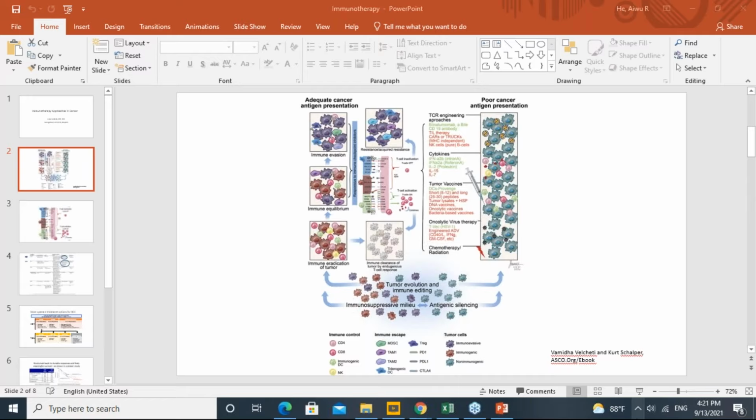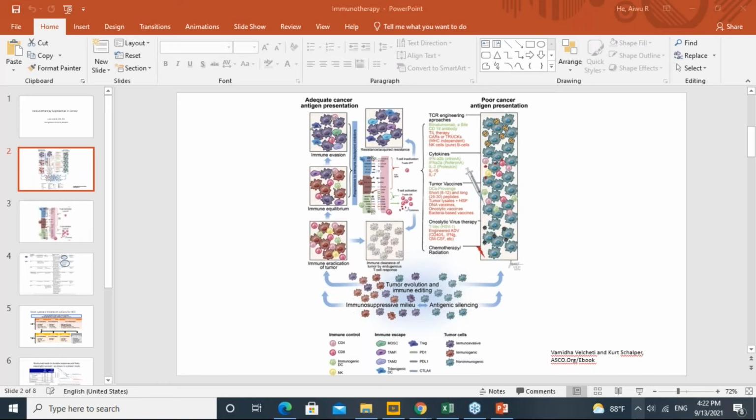And the other thing is engineered T cells. Basically, you engineer the T cell receptor so that it will recognize tumor antigen and part of the molecule that presents the antigen. This whole category of treatments is just trying to make the tumor release some antigen that's immunogenic.